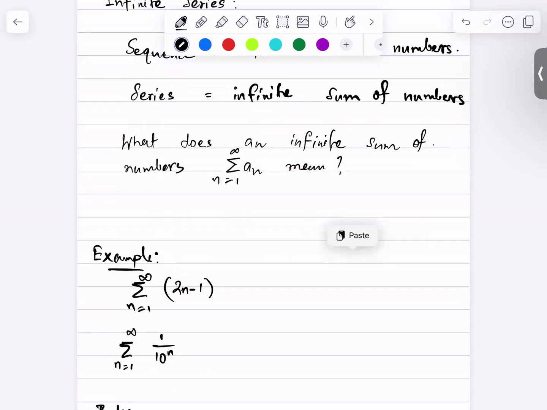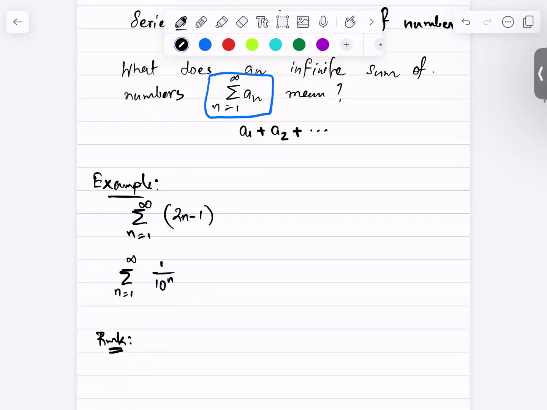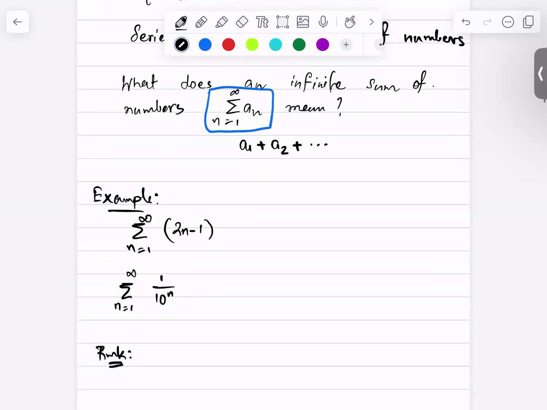So most of the time we denote the series by this summation n equal to 1 to infinity of an. This basically means we are dealing with this infinite sum. So this is the general notation that we use.